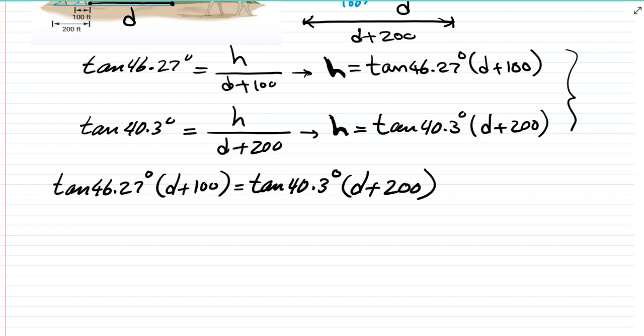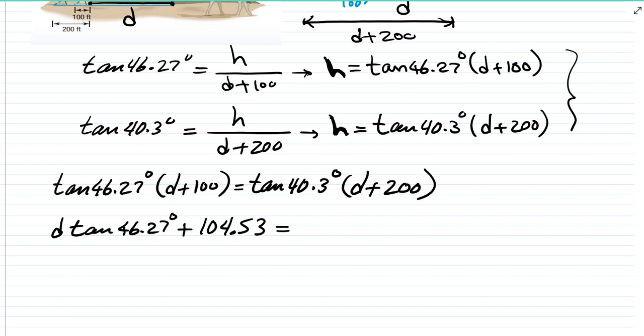And then I can distribute, right? Let's distribute and use my calculator. So distribute on the left, I get d times tangent of 46.27 degrees plus multiply 100 times tan 46.27. You get 104.53.